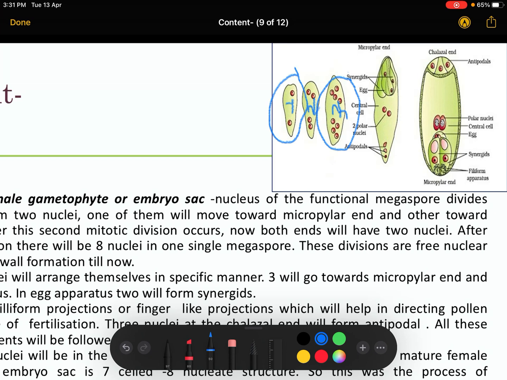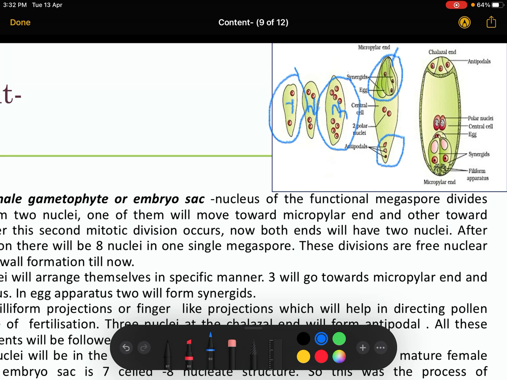After 8 nuclei form, cell wall formation will start, and the cells will arrange themselves in a unique fashion, not in random fashion, in a definite unique fashion. And what is that arrangement? 3 cells will be formed towards the micropylar end, and 3 cells will be formed towards the chalazal end, which will be called antipodals.